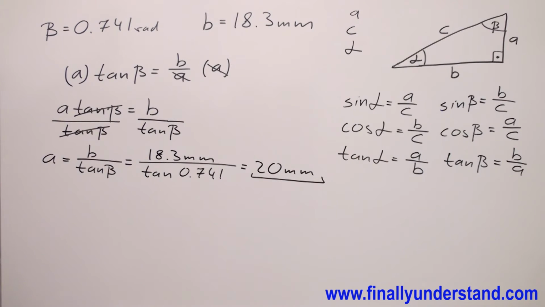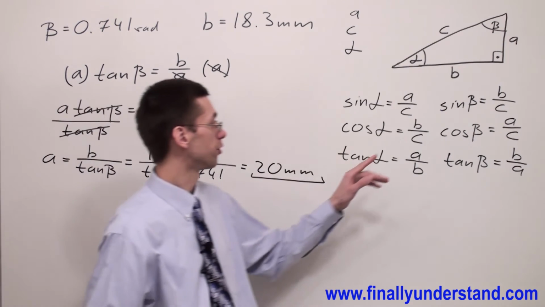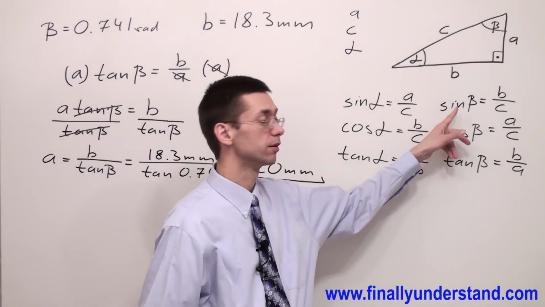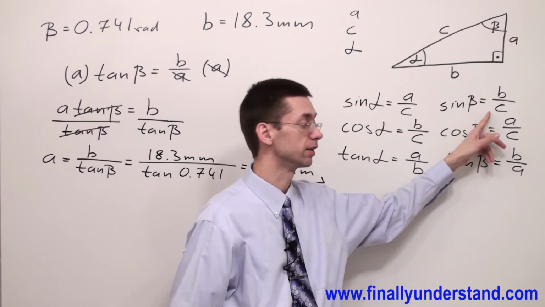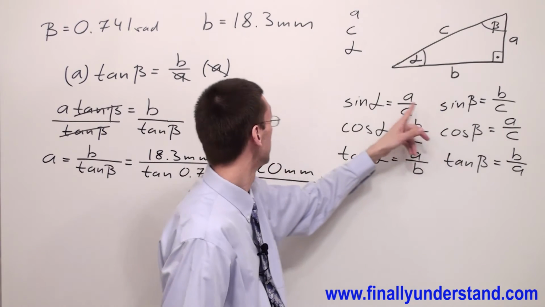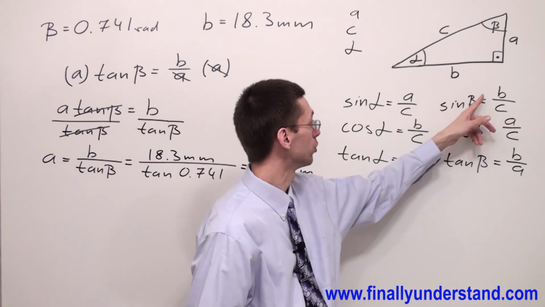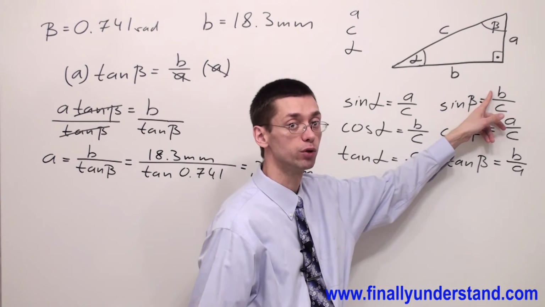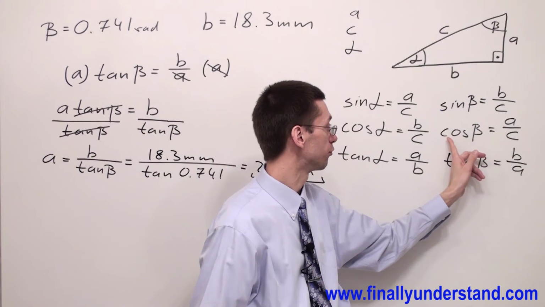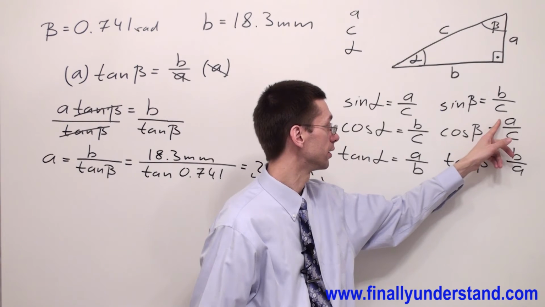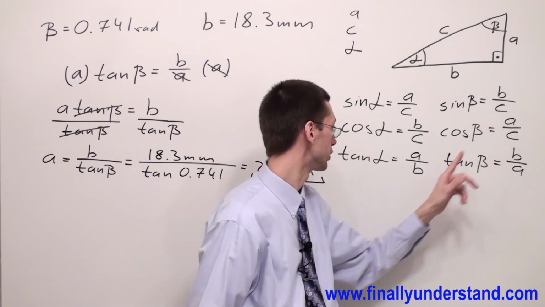If you want to find the length of side C, we can use either the formula for sine beta or cosine beta because both of them contain C, and sine beta contains side B, which was given, and the formula for cosine beta contains the side A, which we just found.